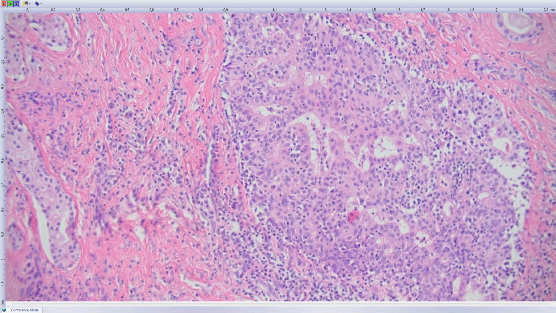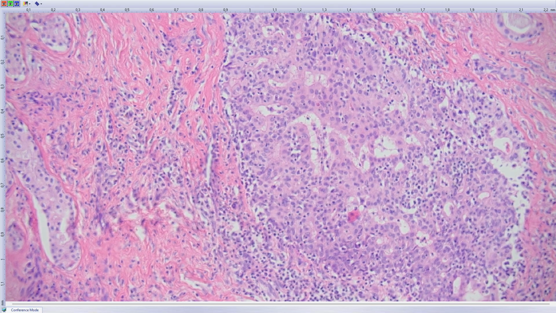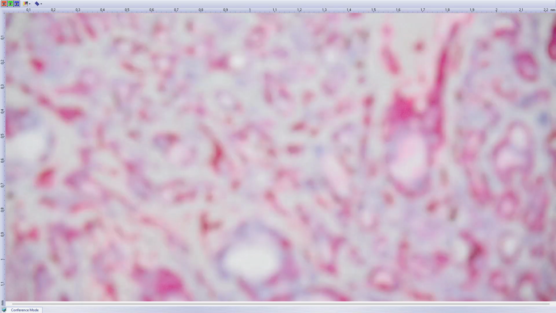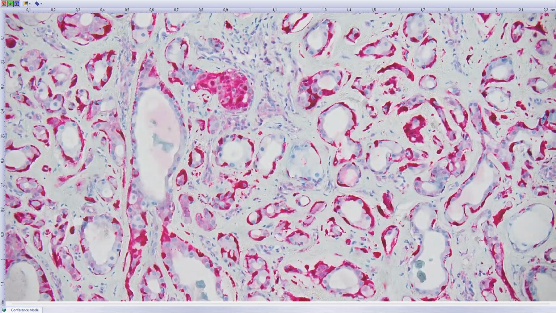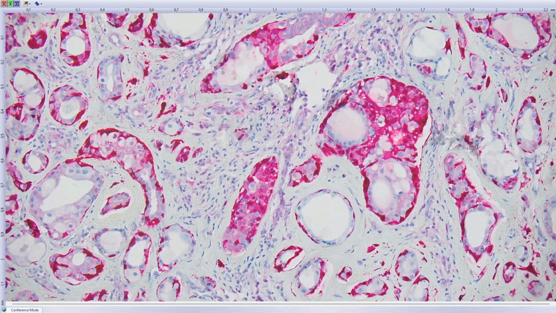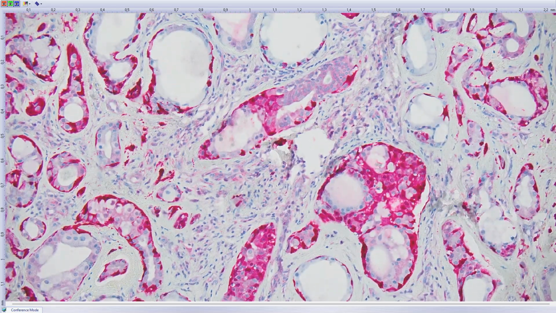When I did immunohistochemistry, I found that these lesions, intraductal lesions, are very nicely S100 protein positive as mammary analogue secretory carcinoma. You see, and they look really like mammary analogue secretory carcinomas.